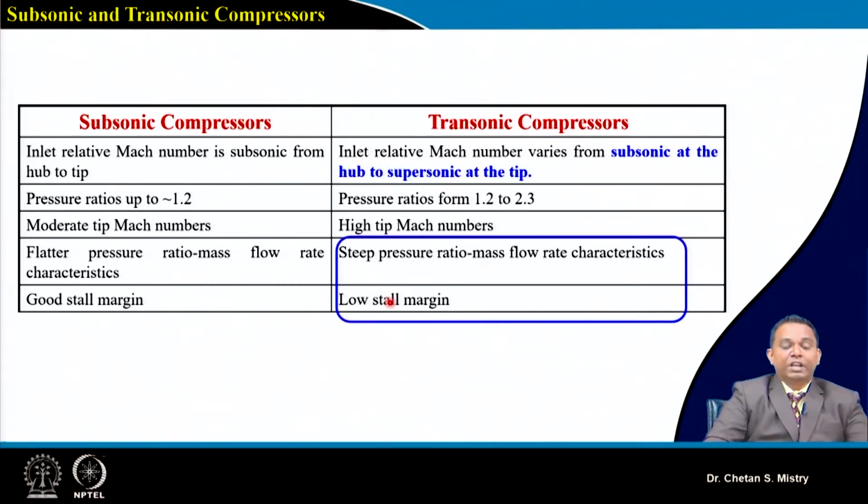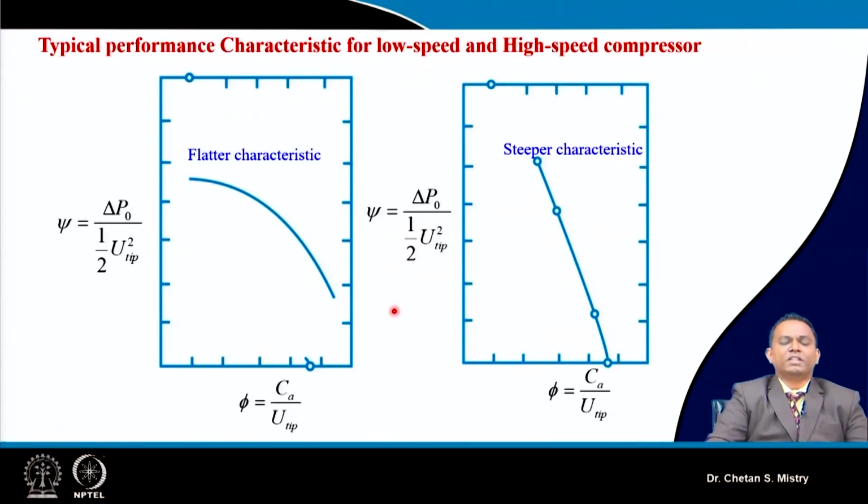So our major interest is to understand what we mean by a steeper operating characteristic and low stall margin. Let's look at the performance map for low speed and high speed compressors. This represents per stage pressure ratio in terms of flow coefficient and pressure rise coefficient.